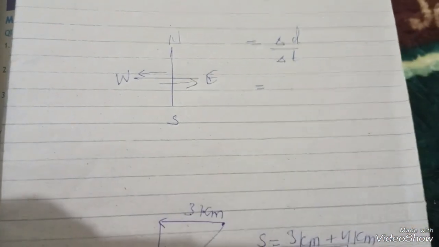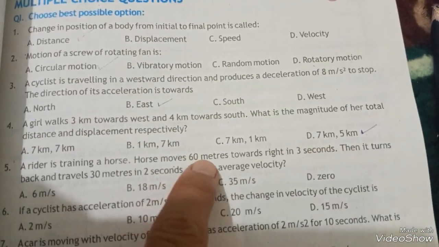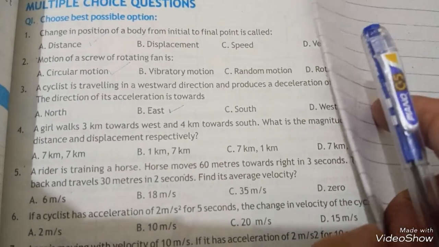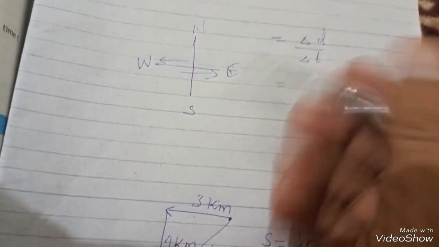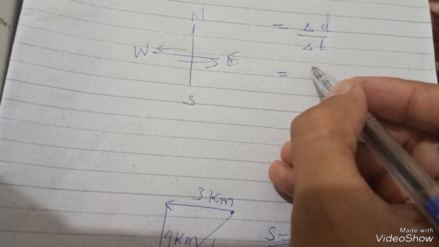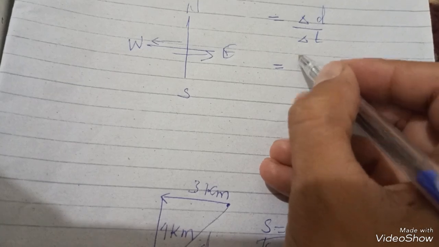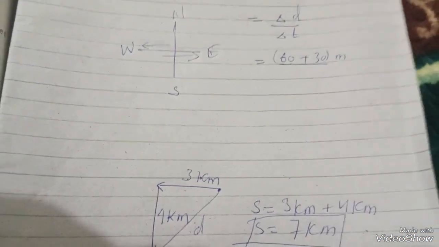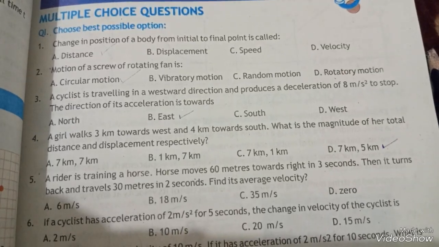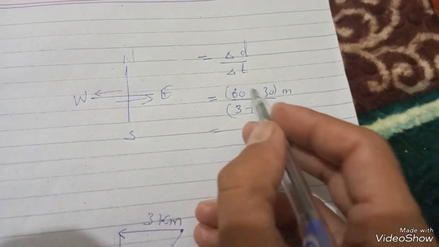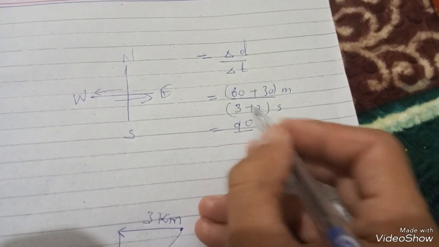So the total displacement, or total distance the horse has covered, is 60 plus 30 meters, divided by the total time, 3 seconds plus 2 seconds. So 60 plus 30 is 90, divided by 5.